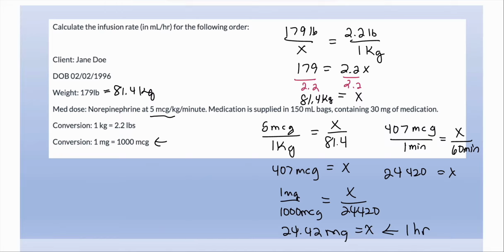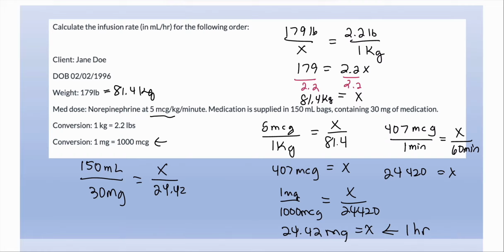Okay, now we have these bags. They are 150 milliliters that contain 30 milligrams. Because look what we've got. We know now how many milligrams to give in an hour. We don't know how many milliliters that is. So we're going to do one last conversion. 150 milliliters is 30 milligrams. So how many milliliters would be 24.42?